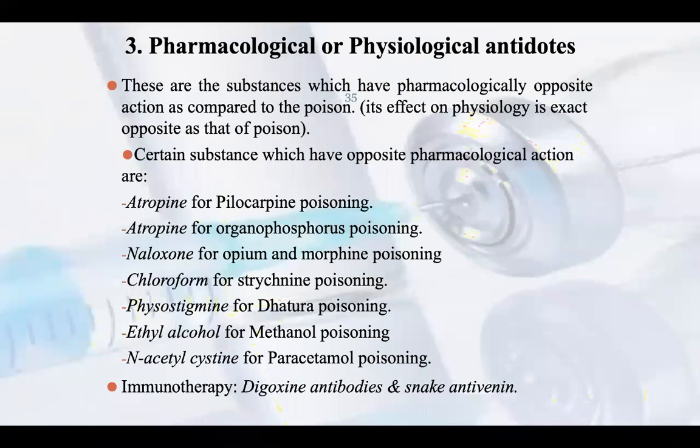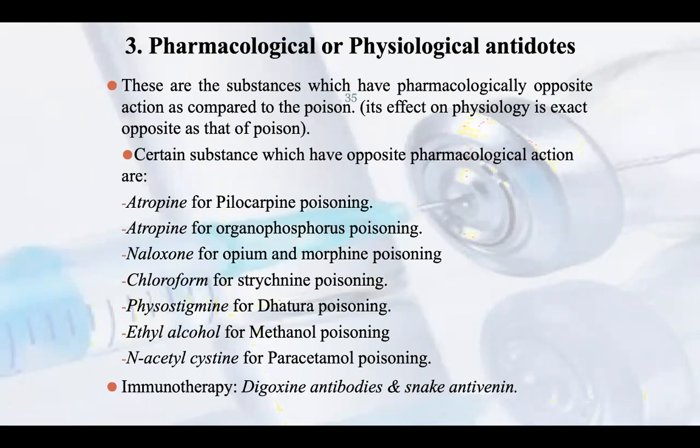Certain substances which have opposite pharmacological action are atropine for pilocarpine poisoning, atropine for organophosphorus poisoning, naloxone for opium and morphine poisoning, chloroform for strychnine poisoning, physostigmine for datura poisoning, ethyl alcohol for methanol poisoning, and N-acetylcysteine for paracetamol poisoning.